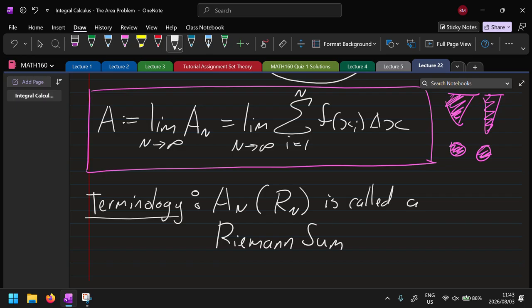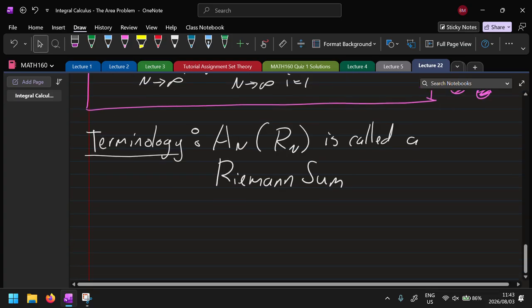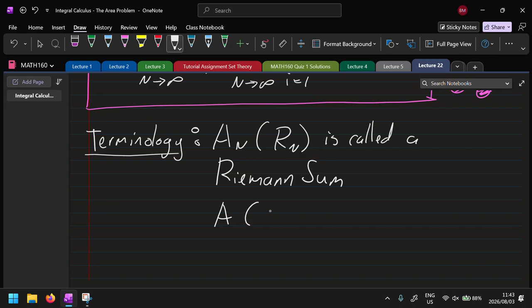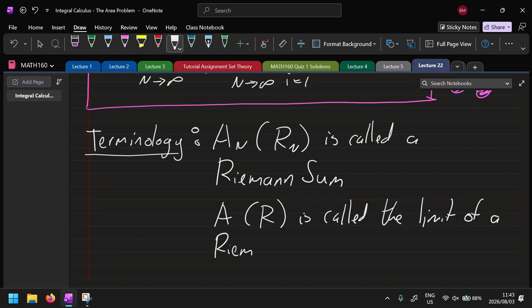It's just named after the person that came up with it, so you will see that quite a lot. And secondly, A, which is the limit of that A sub n, also called R, the limit of R sub n, is called the limit of a Riemann sum. Okay, so just a bit of terminology.